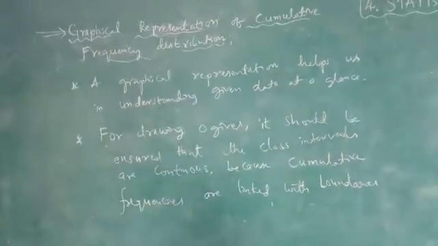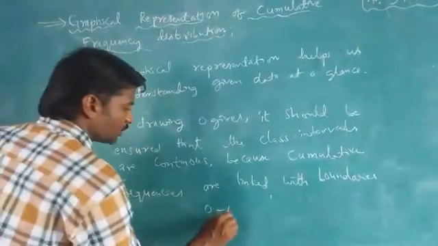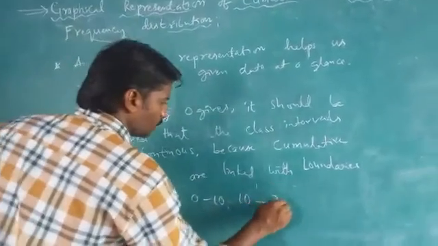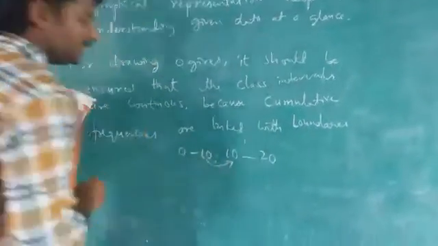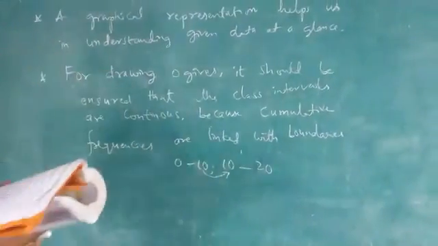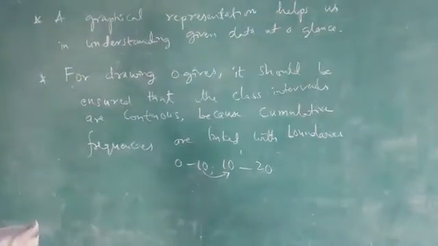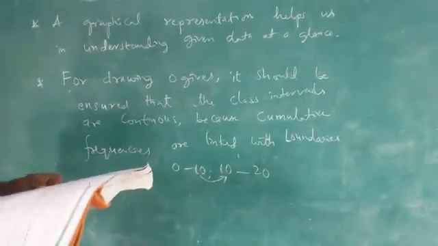Means they will be continuous: suppose you are talking about 0 to 10, next you will continue 10 to 20. They must be linked here because we are drawing the boundaries. So when you are drawing the graphs, for an ogive it is compulsory that they must be continuous.